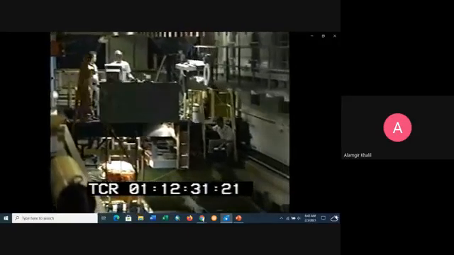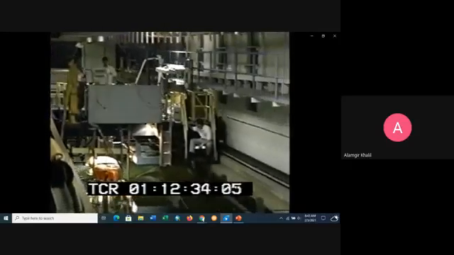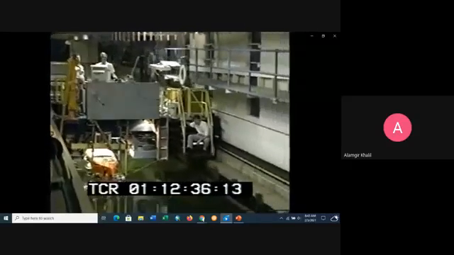So this is a towing tank where we test different models under controlled conditions.